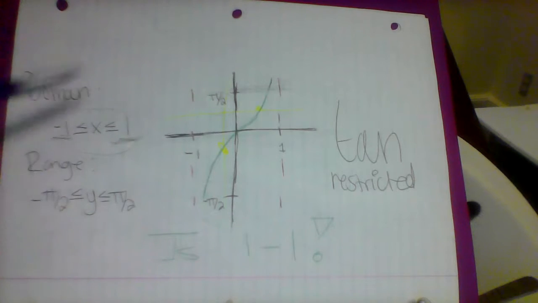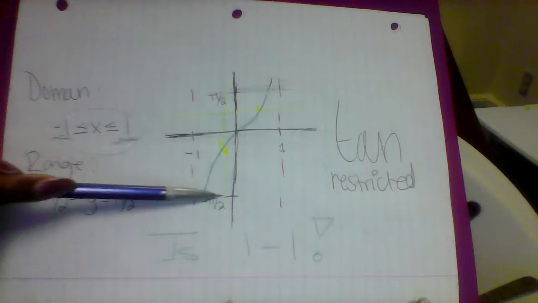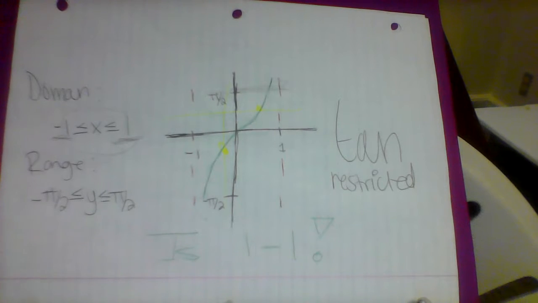So for tan restricted, the domain is from -1 to 1, and the range of tan restricted is -π/2 to π/2. And when you're writing in notation, you have to remember to always put the least number on the far left and then the highest number, the greatest value that x could possibly be, on the far right.